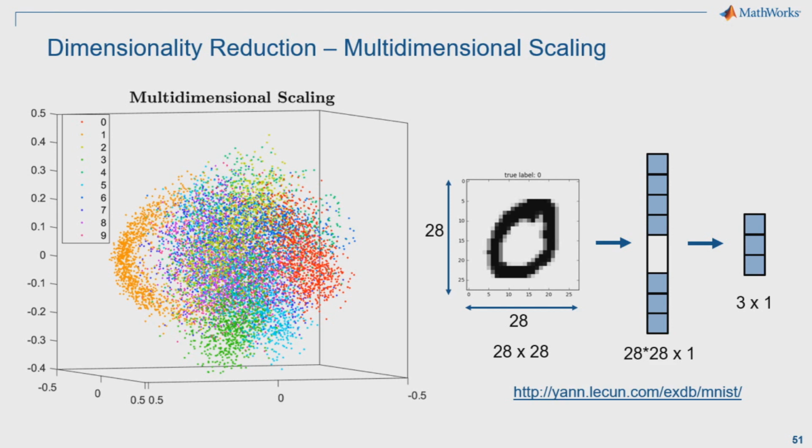As you can see, each color corresponds to a different digit of this dataset, and in particular the color is representing the labels. And you can distinguish pretty well the ones from the twos from the zeros.